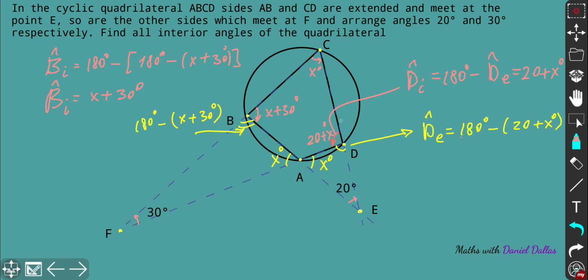Okay, so what we know is that this angle 20 plus X and the angle X plus 30 within the cyclic quadrilateral, together, should be equal to 180. That's the property of the cyclic quadrilateral. So if I write that using cyclic quadrilateral ABCD, we'll have the following relationship: 20 plus X, this is one interior angle, plus the opposite one, X plus 30, will form 180 degrees because they are opposite to each other.